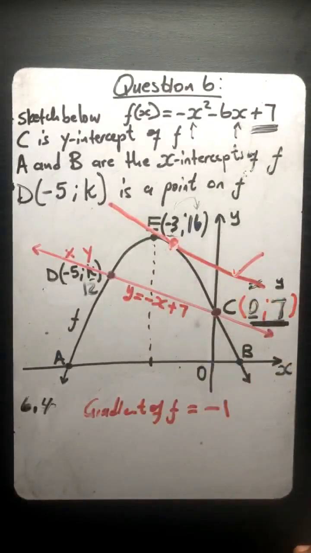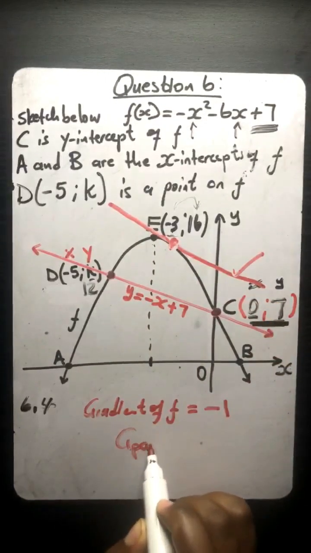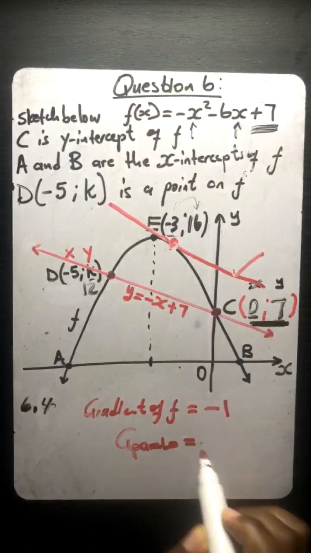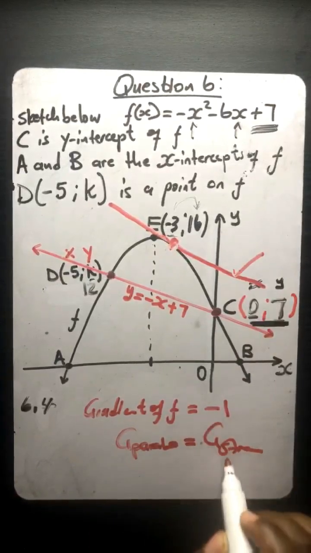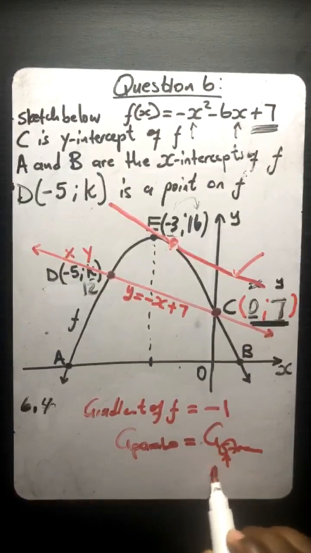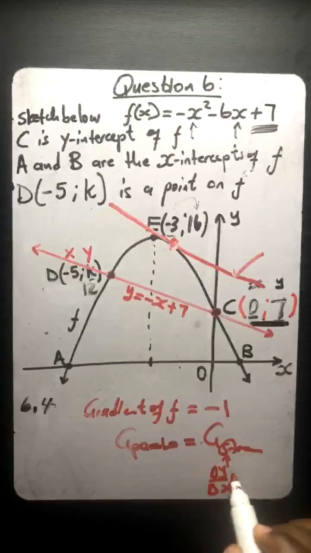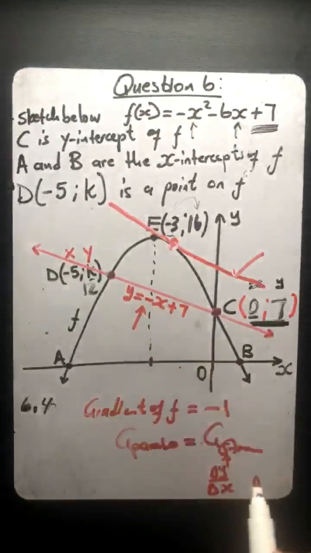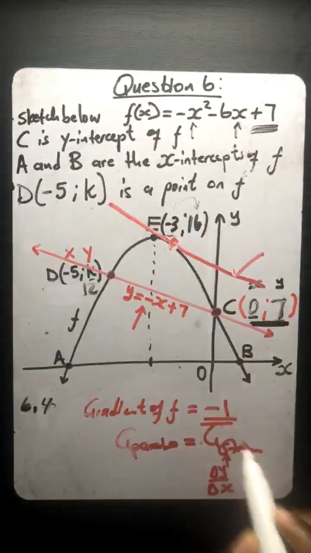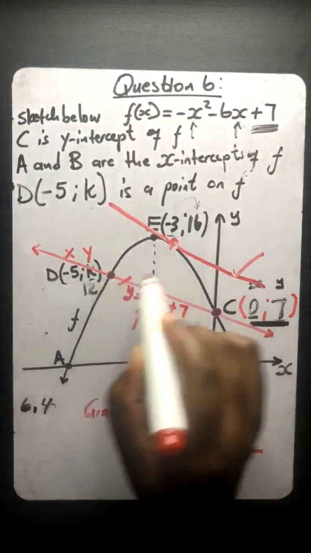So it's more like we have the gradient of a parabola, and we also have the gradient of a straight line. We know the gradient of a straight line as change in y over change in x. We won't need to calculate it again because we have calculated it before and we got -1. So that is why I'm equating it to -1. Why? Because these two lines are parallel.